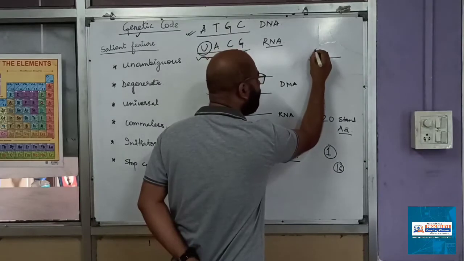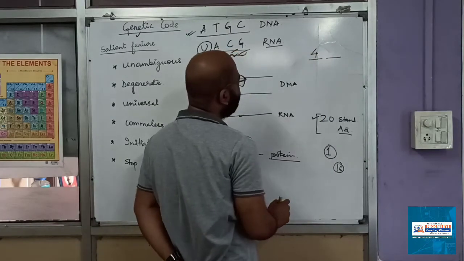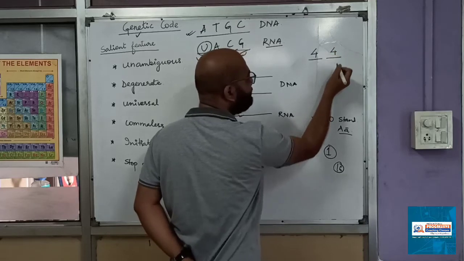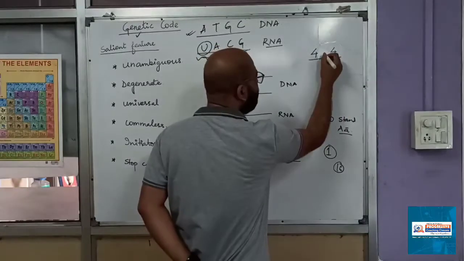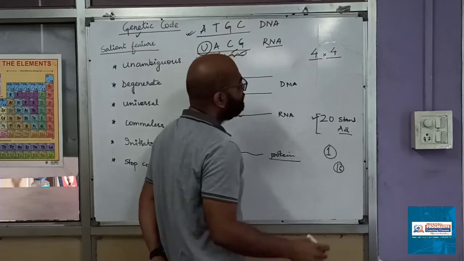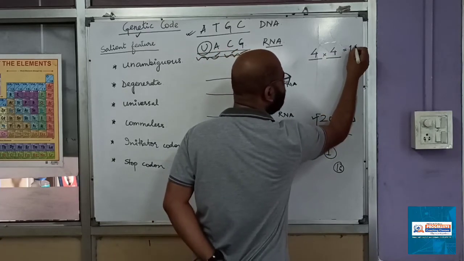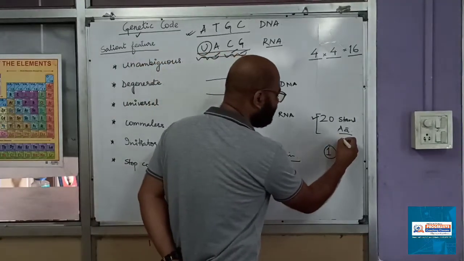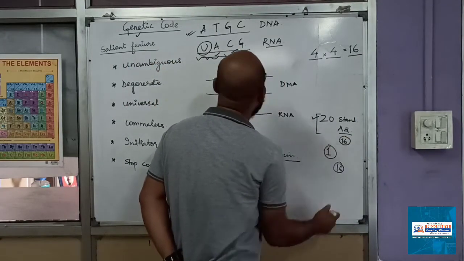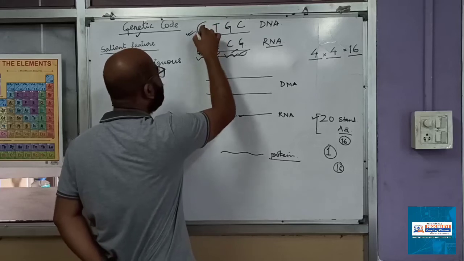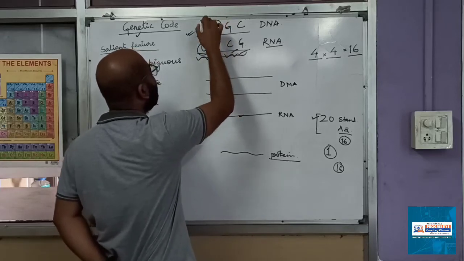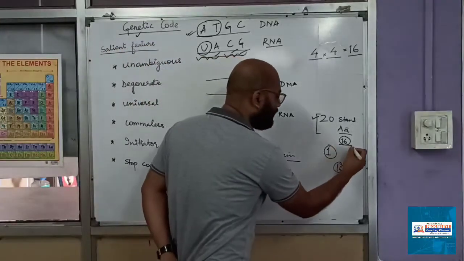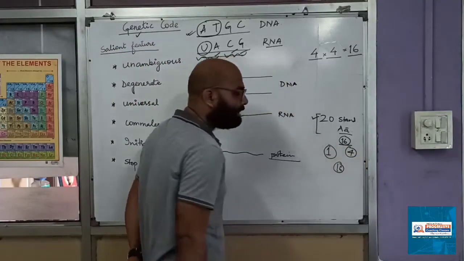So we have 4 possibilities at this position, and another 4 possibilities at this one. You know better about permutations and combinations. So we will have 16 possibilities. That means we can represent 16 amino acids by taking 2 nucleotides coding for 1 amino acid. But still 4 amino acids are left.